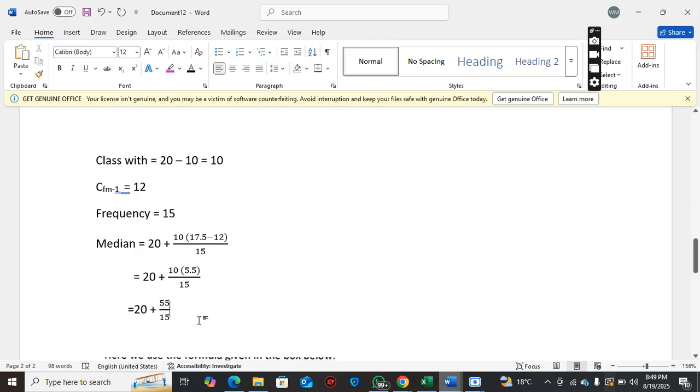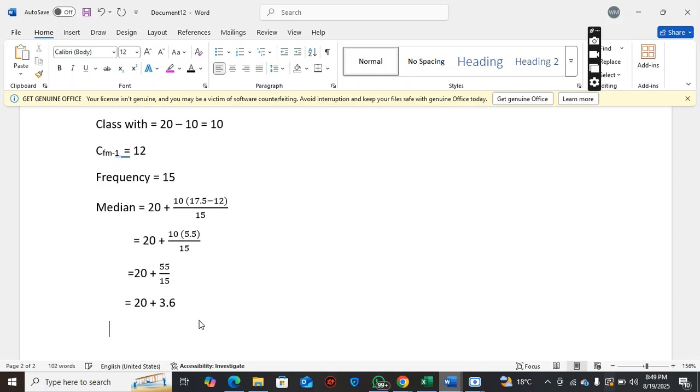And then 55 divided by 15, we get 3.6666, so we can just leave it as 3.6. So the median is 23.6.